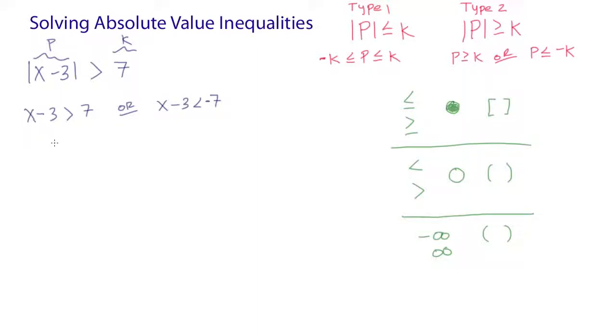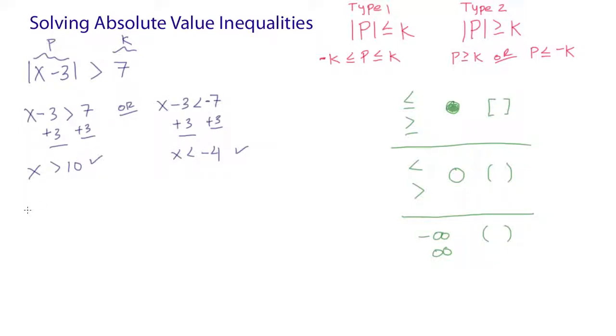Now we have to isolate x. I'm going to add 3 on both sides. X is greater than 10. Here we're going to add 3 on both sides. Here we have x is less than, what do we got here? Negative 4. Okay, so these are the answers.